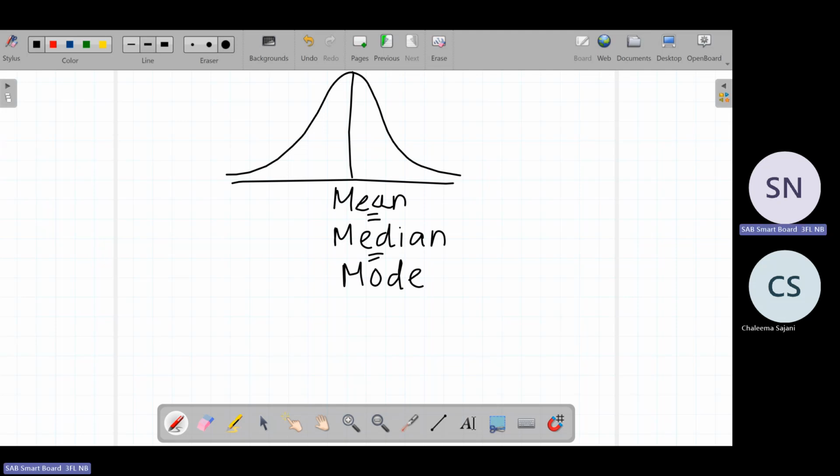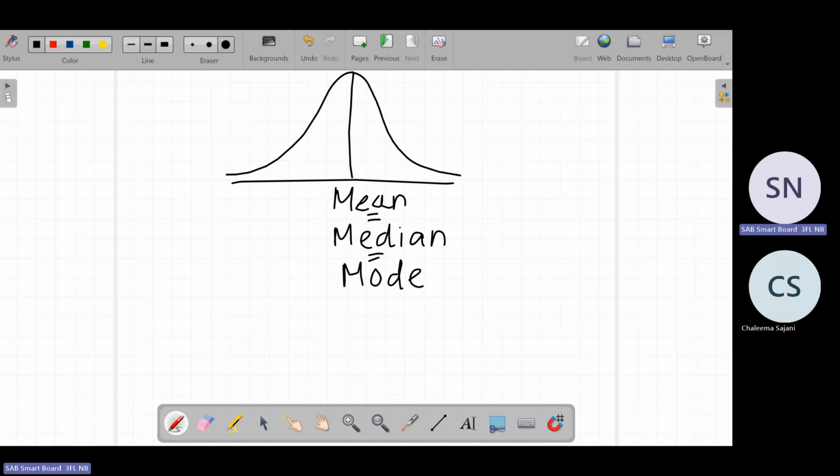If the mean value is 10, the median and mode are also 10. This is another characteristic of the normal distribution. Now we studied 3: it's a bell-shaped curve, it's a symmetric distribution, and mean, median, mode are all equal.